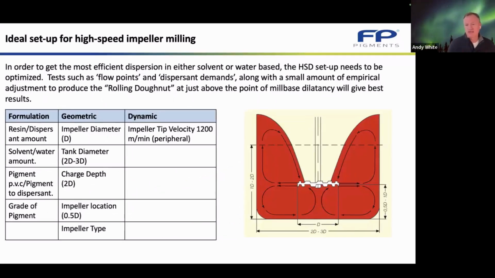Now, whether it's water-based or solvent-based, if you're using an impeller to mix, which most people will be for decorative and industrial coatings, it's absolutely critical to make sure that the geometry of the mixer is correct and the rheology of the mill base is correct in order to disperse titanium dioxide.